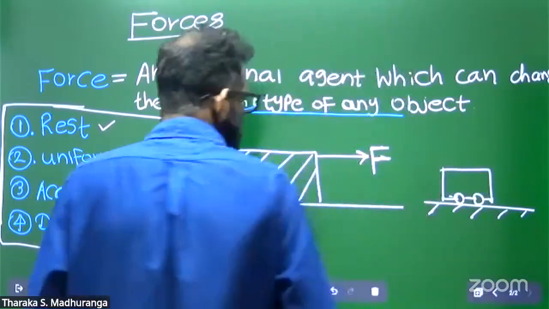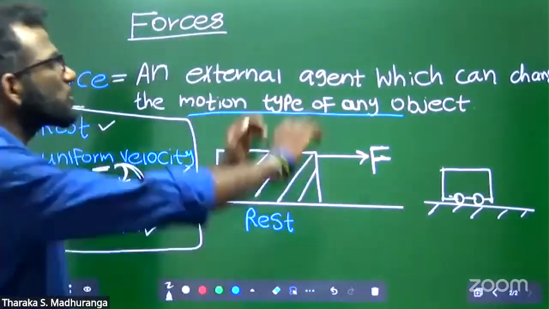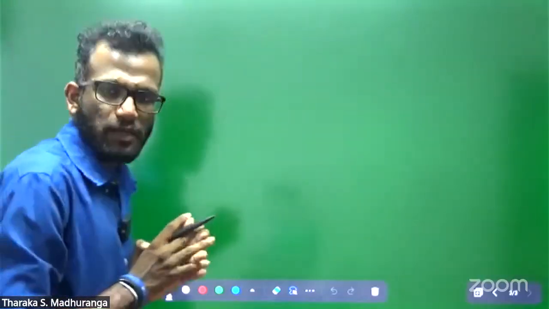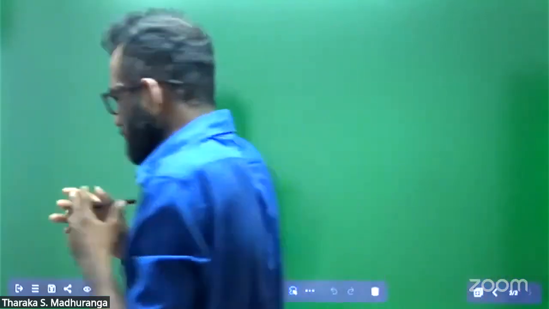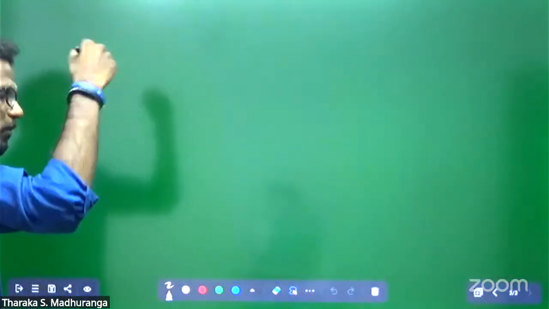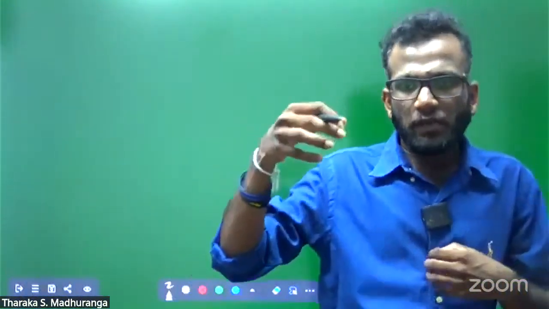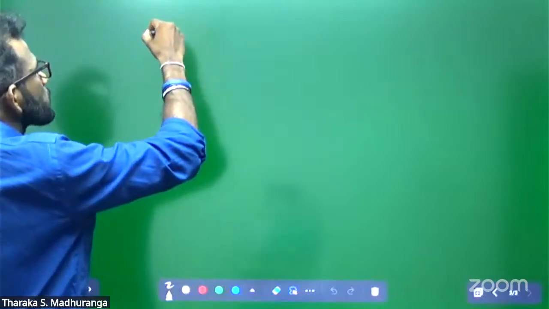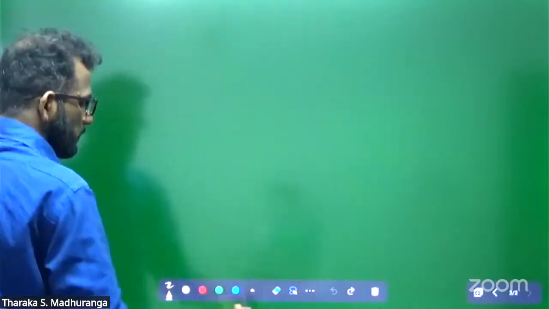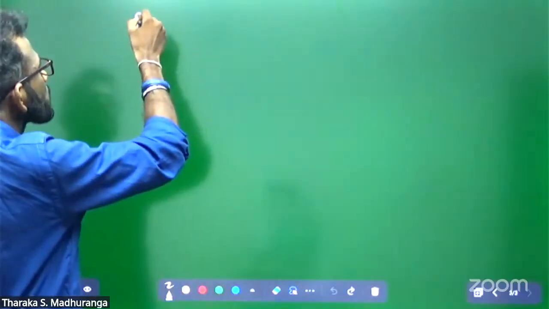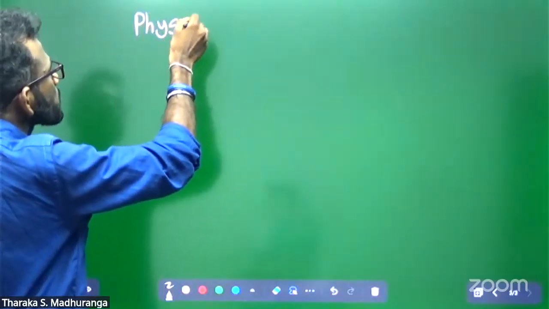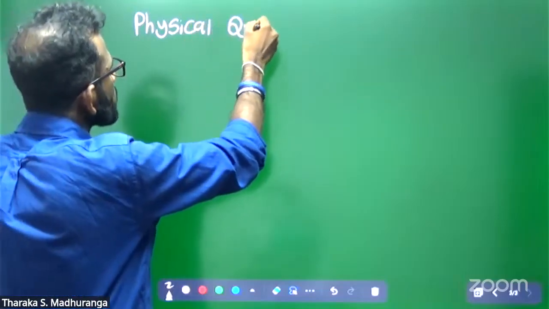Okay, now the third point. When we consider this external force, before we go to the external force, physical quantities, as we discussed in the measurement lesson, physical quantities we can mainly divide into scalars and vectors, no?